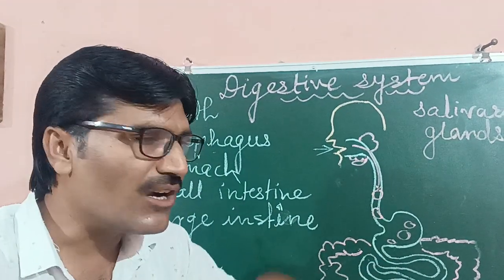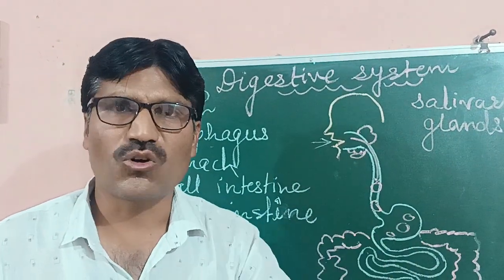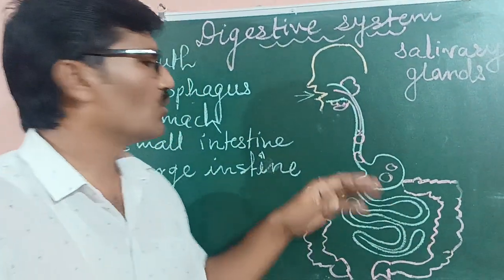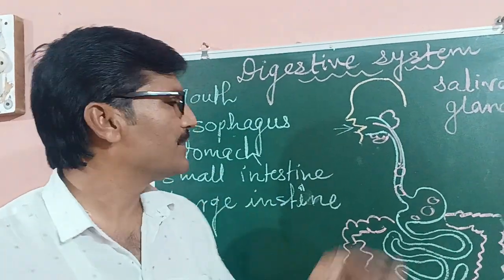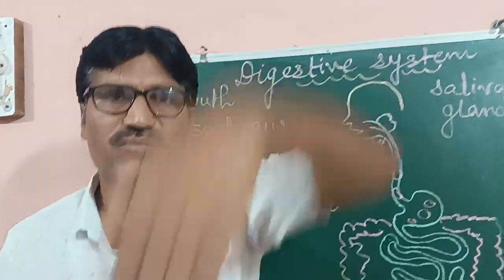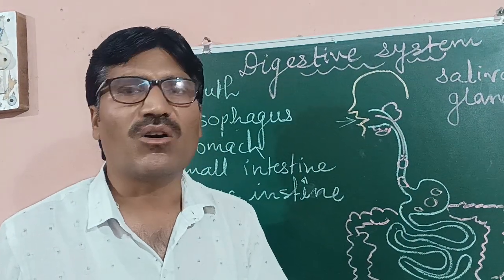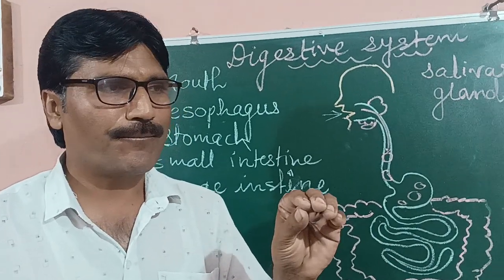Peristaltic movement is like a wave, you know, the waves of the seas or oceans or the Bay of Bengal. Such oceans and seas have waves of water. You might have seen the movement of any snake.